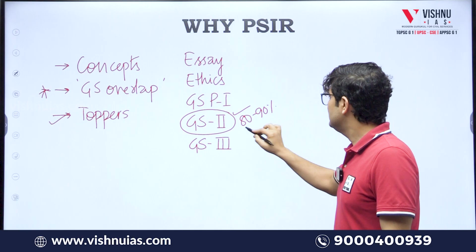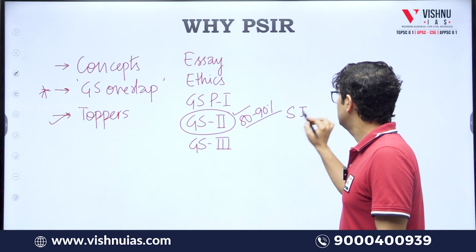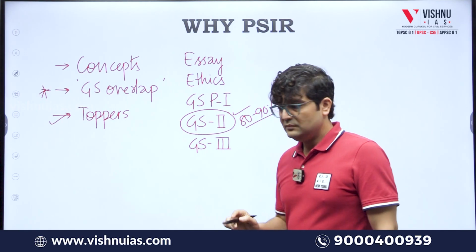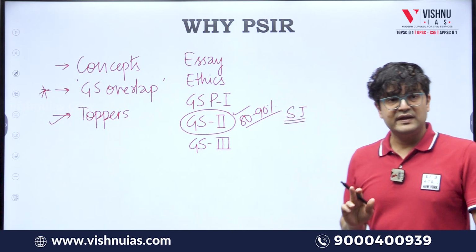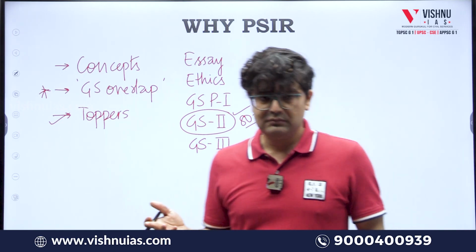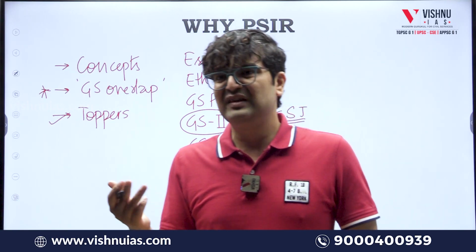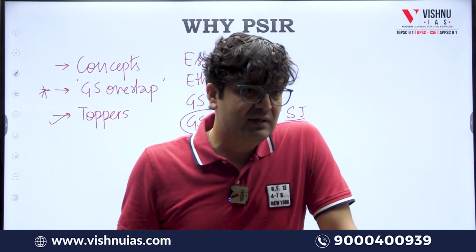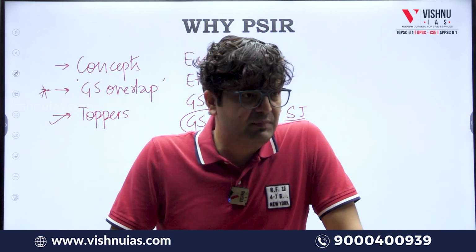Why do I leave the rest? Is because of this topic called social justice. Even though we do have to cover things like pressure groups and all, but still, right? Let's assume that some scheme or program could be very topical in nature, which we might not cover under PSIR.